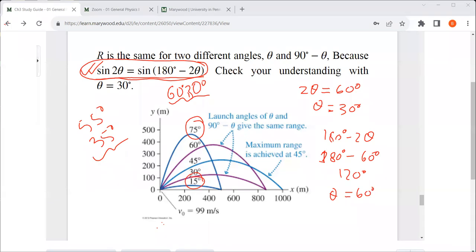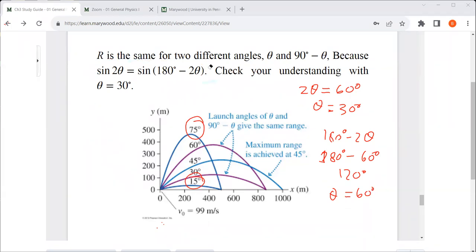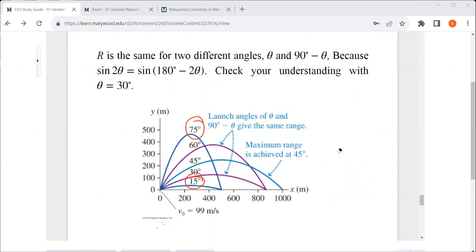So how do we remember this trick? What are the pairs? Either you can use this trigonometric identity, if you understand it: sine 2 theta equals sine of 180 degrees minus 2 theta, and they are related by this equation.